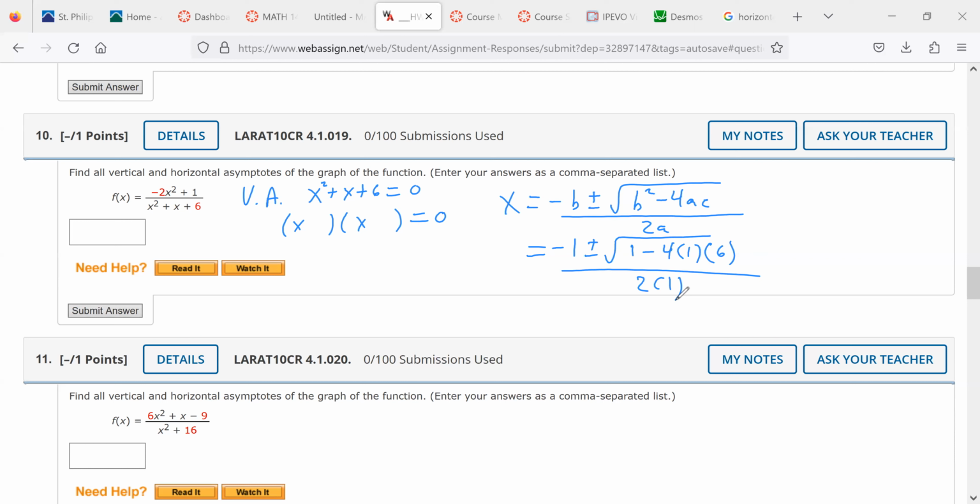So since there's no real solution, there is no vertical. The bottom is never 0. So there's just going to be a horizontal, that's it. No vertical, I meant to say.